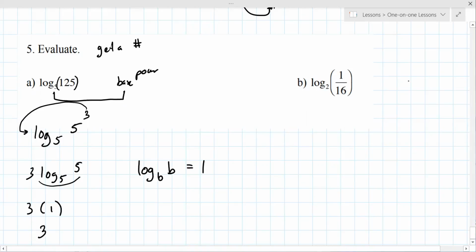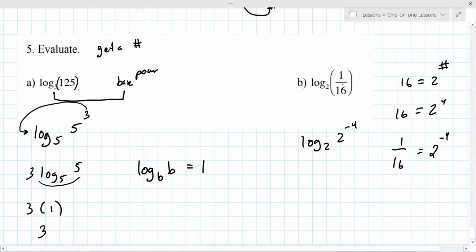Okay, so same thing over here. A little bit more difficult because it's a 1 over. We'll deal with that in a moment. What is 16 as 2 to some number? Do you know that? 2 to the 4th. Okay, so now 1 over 16 just means you're going to negate this exponent, so it's 2 to the negative 4.